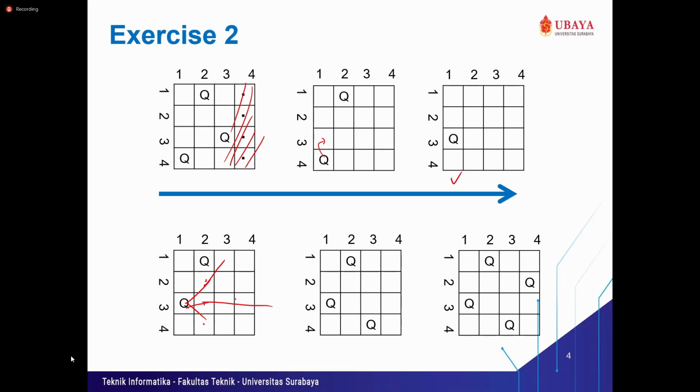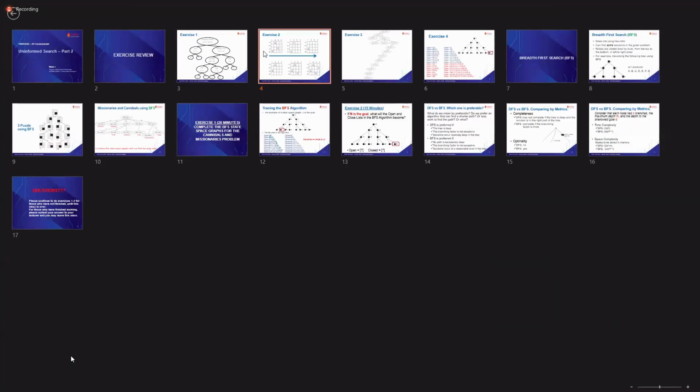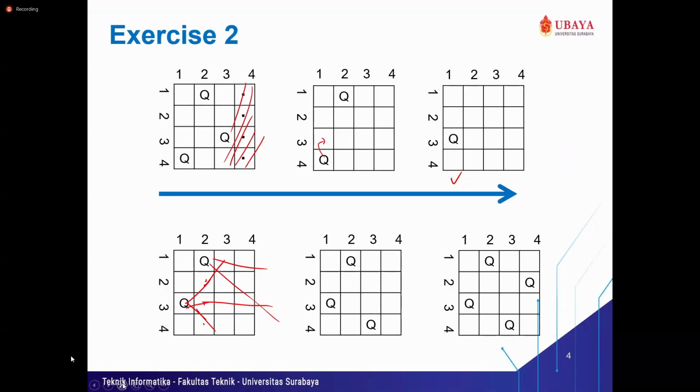In here, it's like this, right? So we can only put the queen in 2-1. And then afterwards, because we put it here, we should cross out the ones that we cannot use.